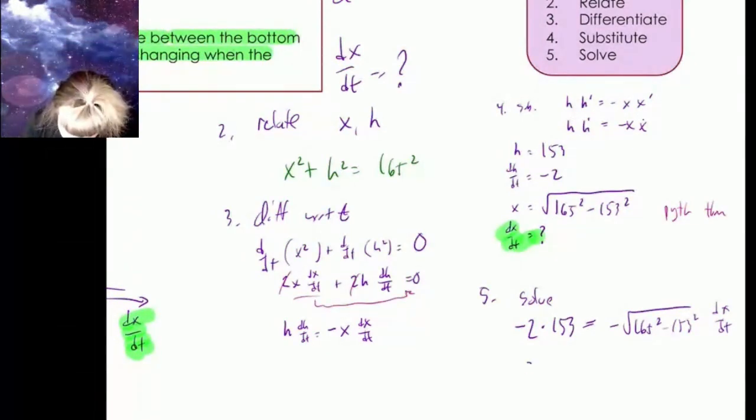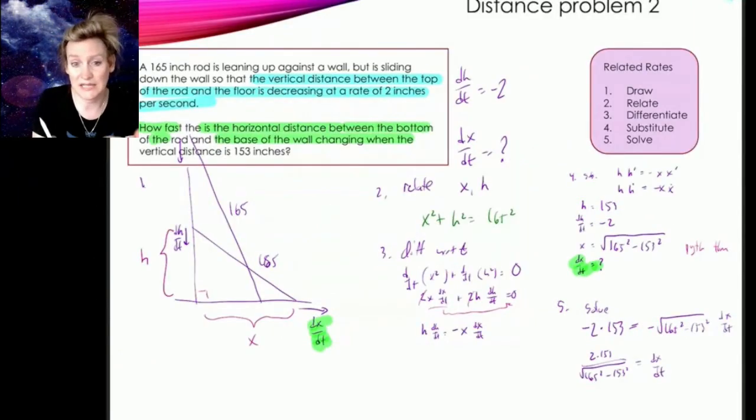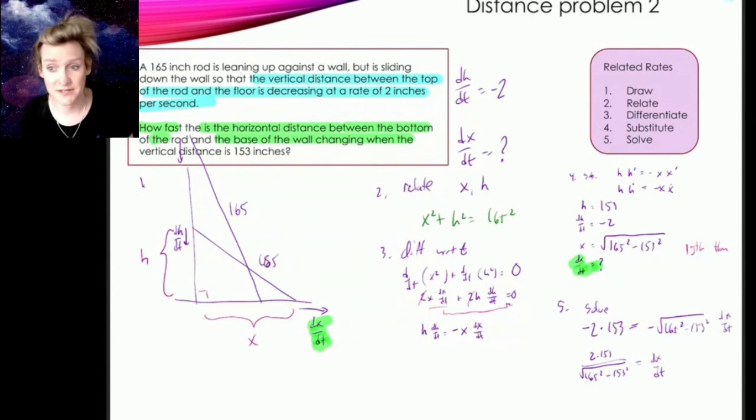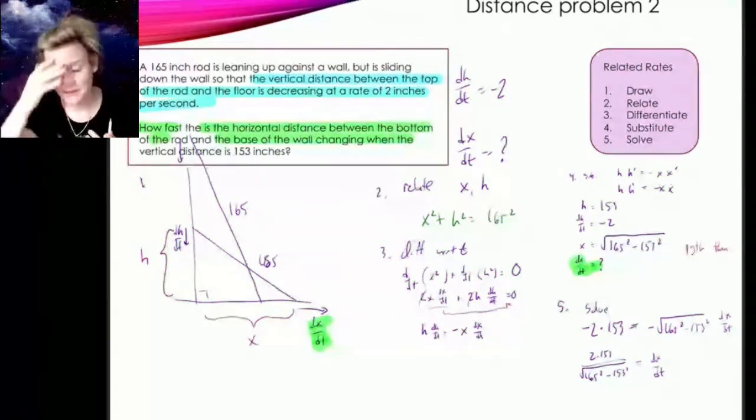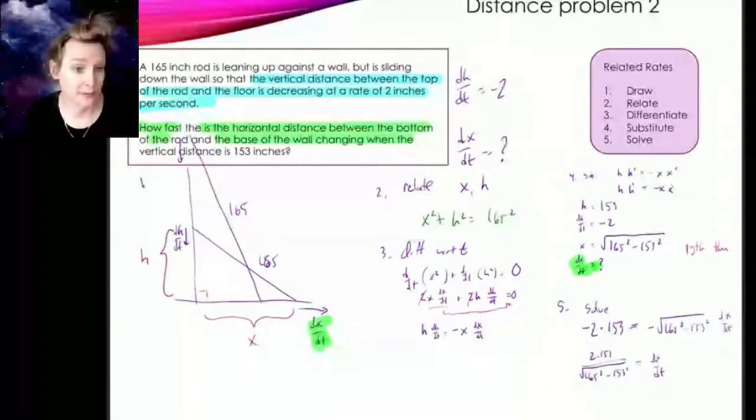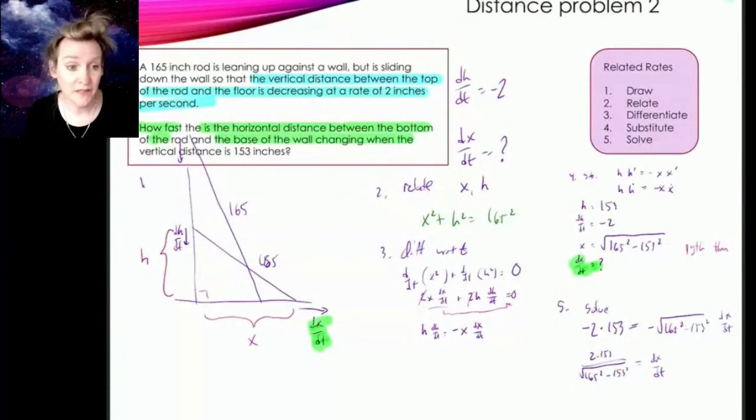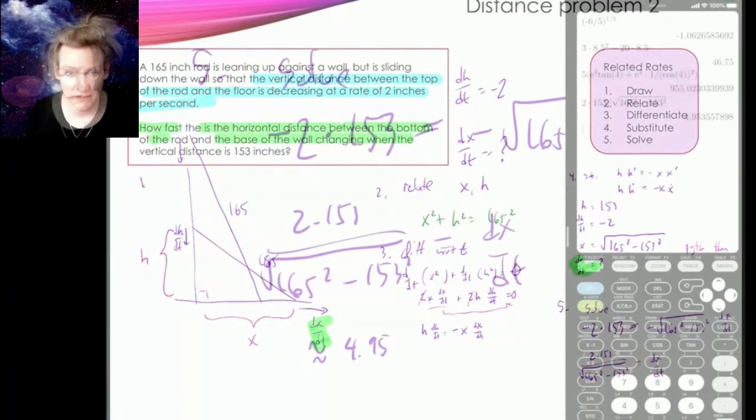So then 2 times 153 over the square root of 165 squared minus 153 squared equals dx/dt. I'm trying to really explicitly show you the 5 steps. I practice these 5 steps. This is how these problems go for me. I think they really work.